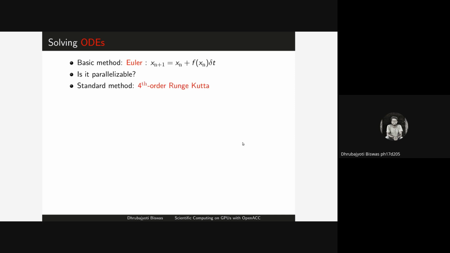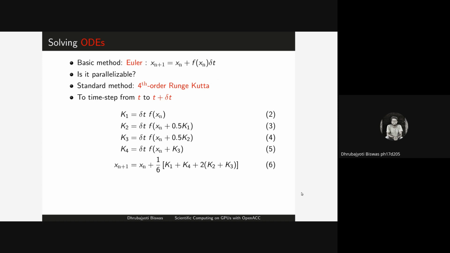Now, the standard method which is used all over for most of the problems is the fourth order Runge-Kutta method. It is much more accurate, and so how does this method look? To go from time t to t plus delta t, you do a step like this.